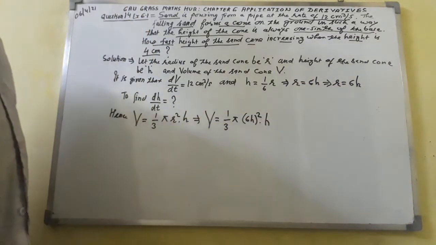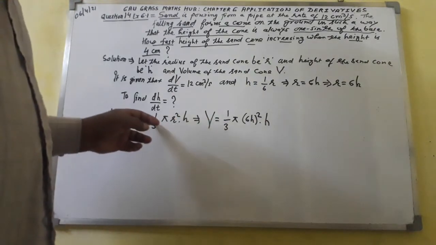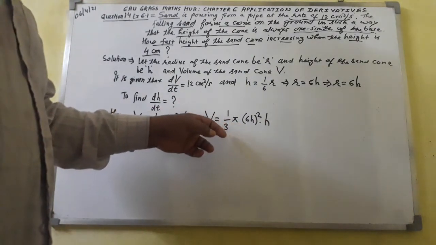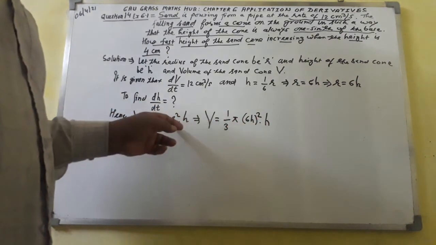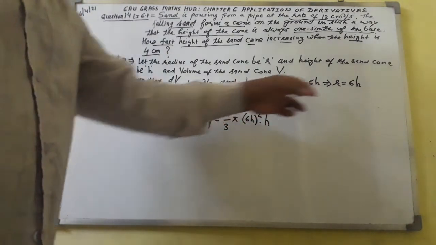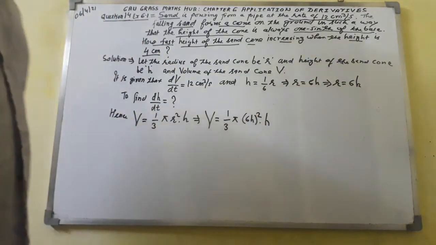V is equal to 1 over 3 dot pi dot h, with r equal to 6h, so (6h) whole square.